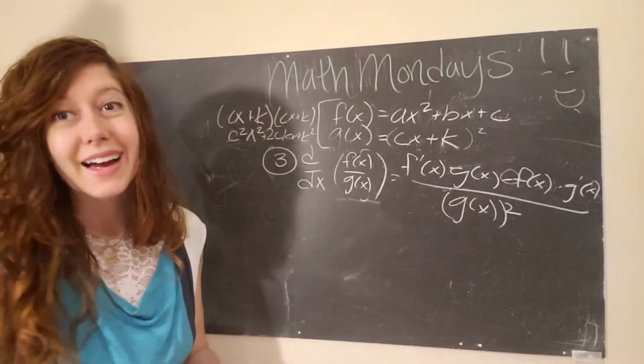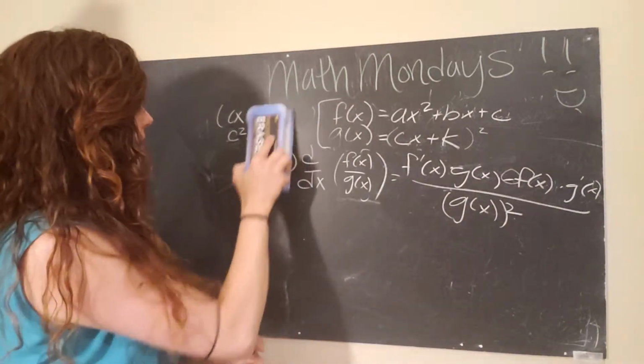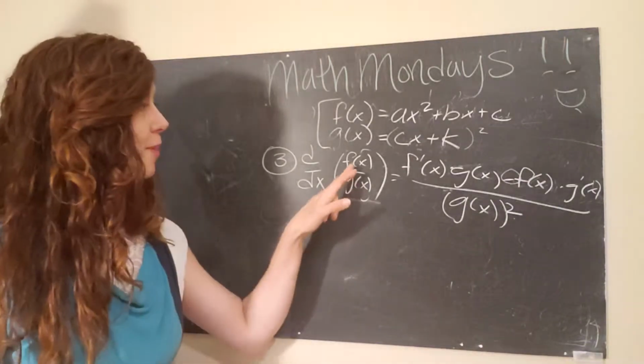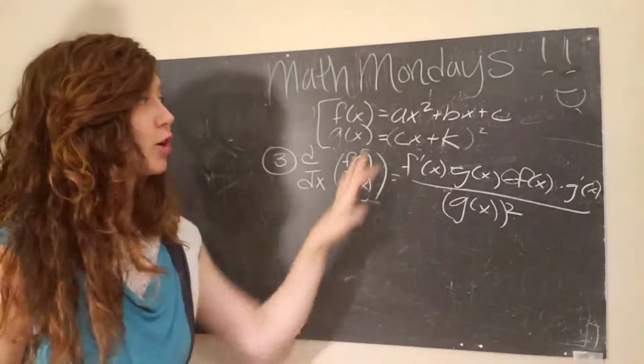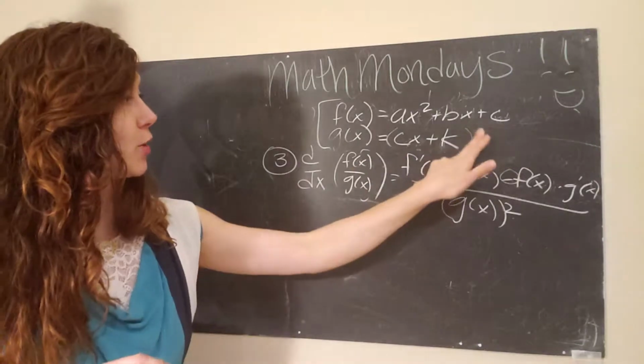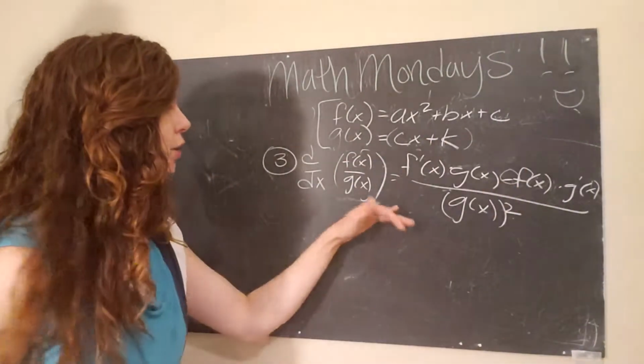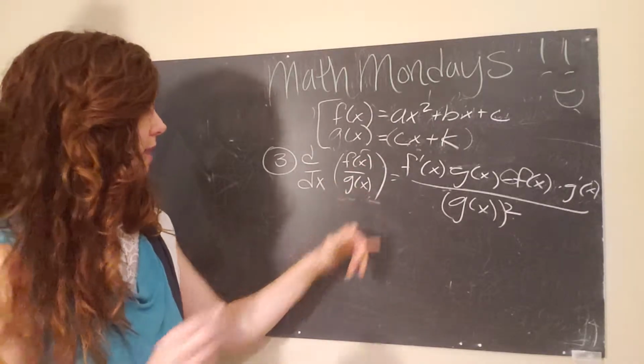So you would just plug that in on the bottom. That is the quotient rule, aka what happens when you have 2 functions divided by each other and you don't want to simplify, because I don't know if that would be possible to simplify. So this equation is how you would take the derivative of something like that.